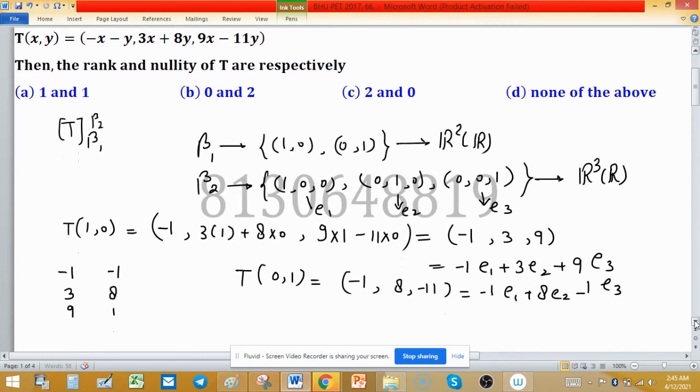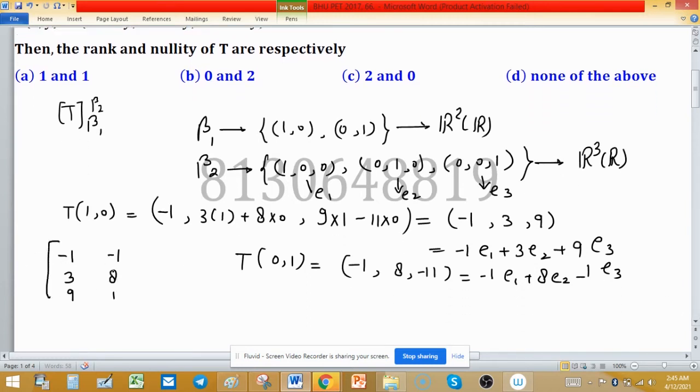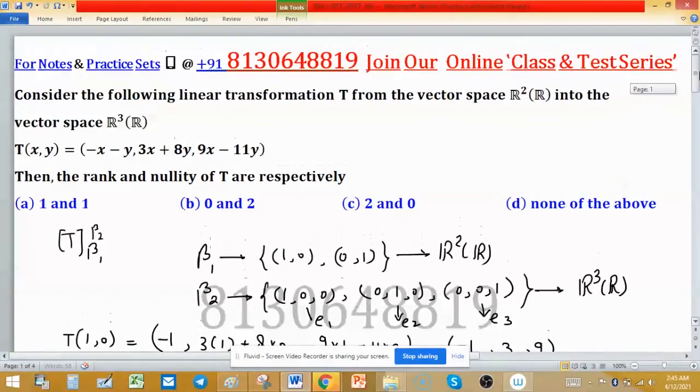So we have matrix representation, and keep remember size of this matrix is 3 by 2, but you have calculated here, so anyone can tell the size of the matrix. So without finding the matrix representation, you can tell the size of the matrix representation.